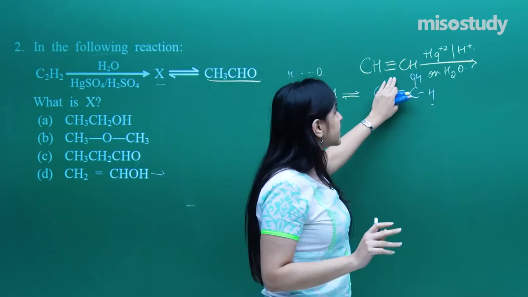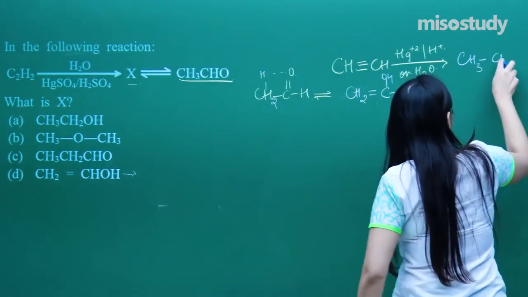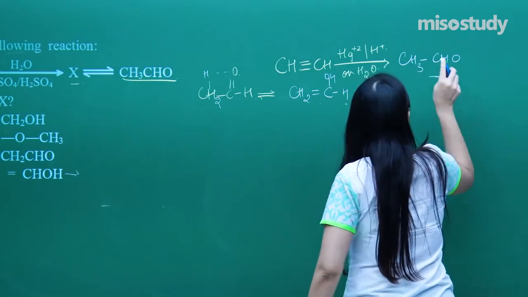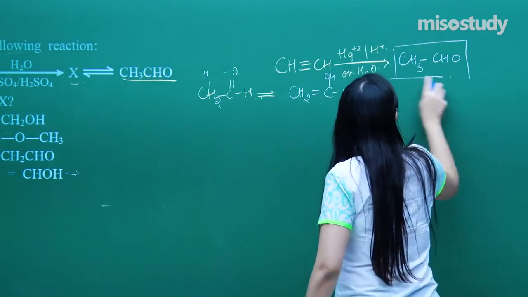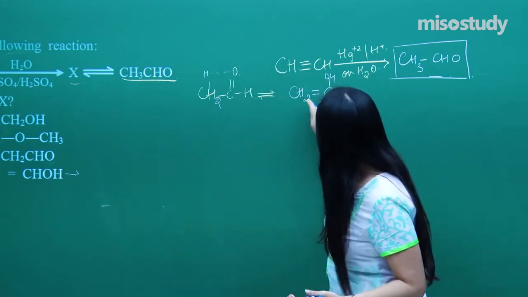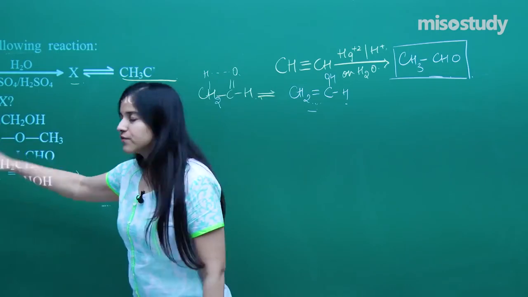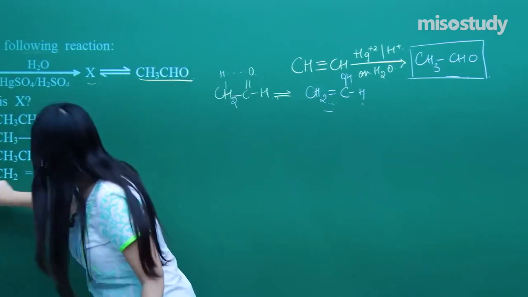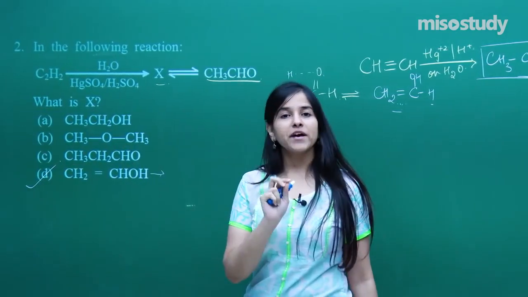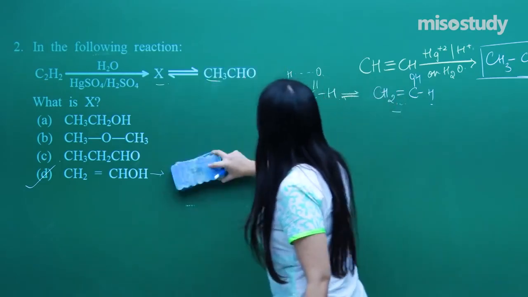So this reaction gives an aldehyde, and this aldehyde is again existing in the enol form that we have made over here. So from either of the ways I will be getting the answer as D. I hope everybody is clear with the concept here.